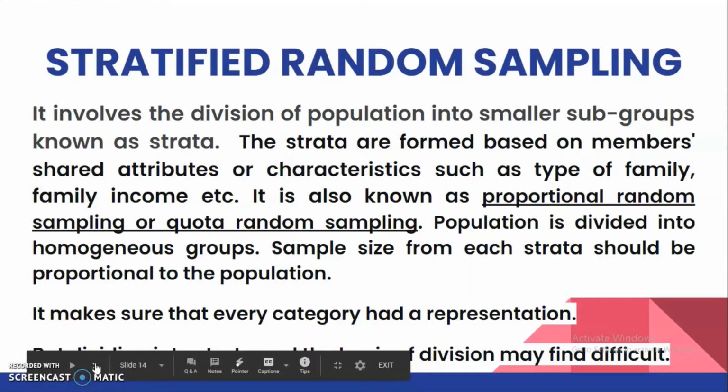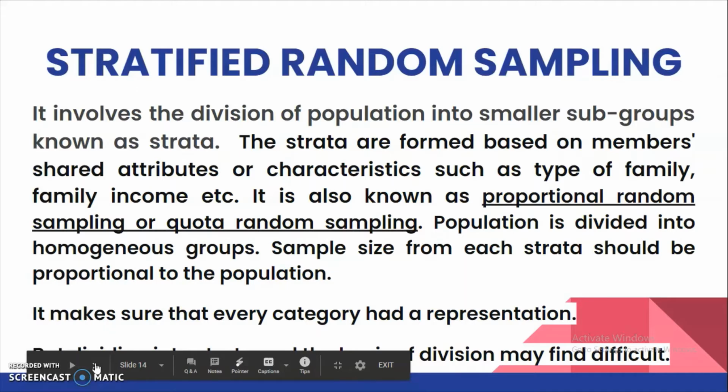In this particular school, there are students from 4 different states, so we divide the whole population into 4 strata. That means according to their native state, the population is divided into 4 smaller subgroups, and those are the strata we have taken.